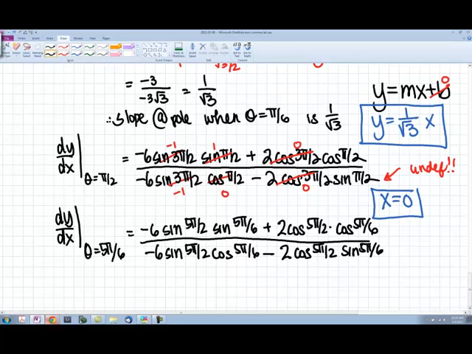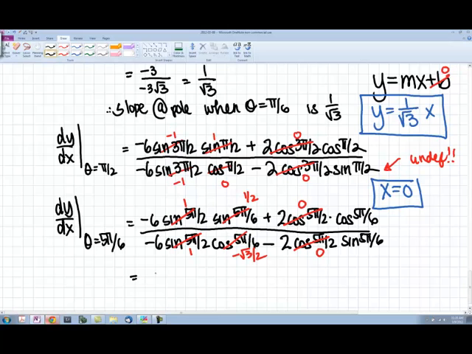Okay. Now which of these are 0? Any of those? Cosine 5 pi over 2 will be 0. And sine 5 pi over 2 equals 1. And so we're left with sine 5 pi over 6, which is 1/2, and cosine 5 pi over 6, which is negative radical 3 over 2.